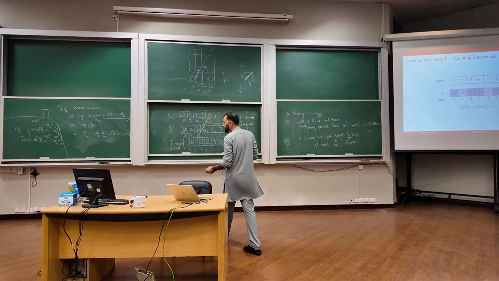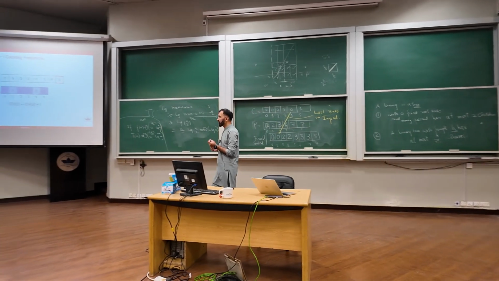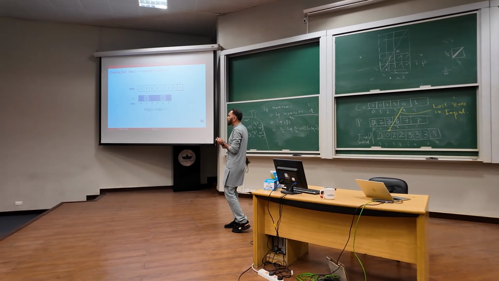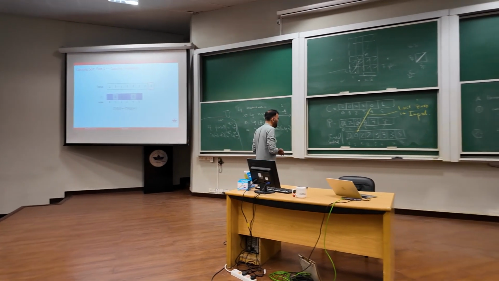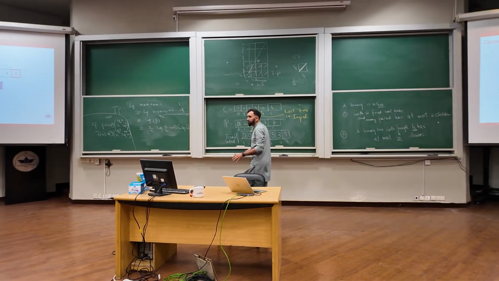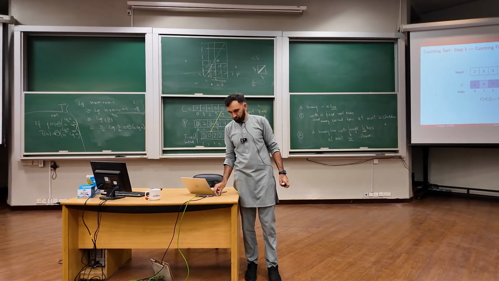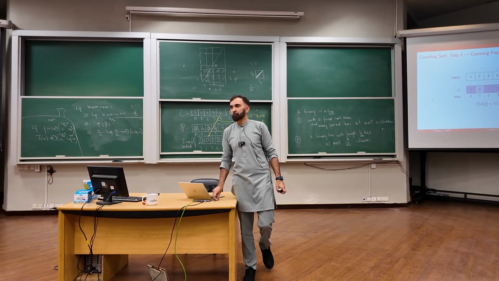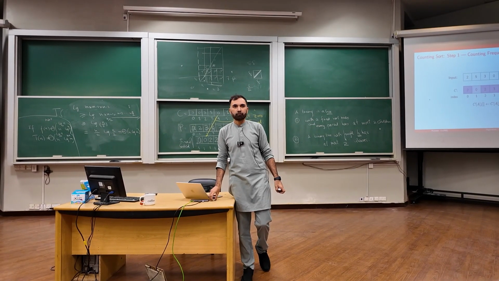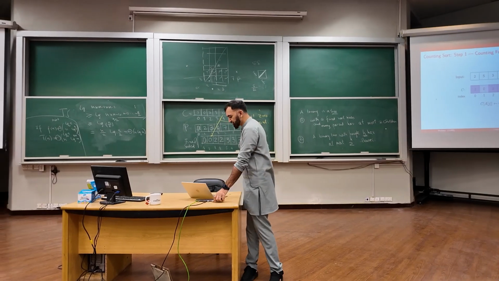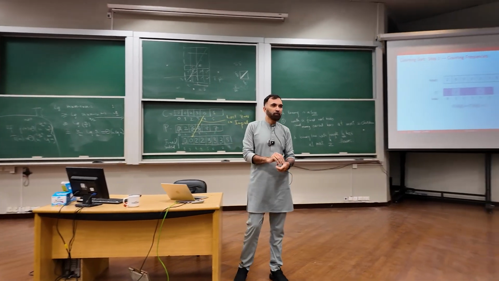You have a question? Yeah. What if the original array contains negative numbers? It doesn't really matter. But it's a good question. The question is, what if the original array contains negative numbers? Does anyone have any idea how that would work?